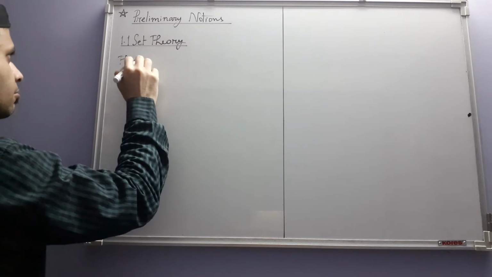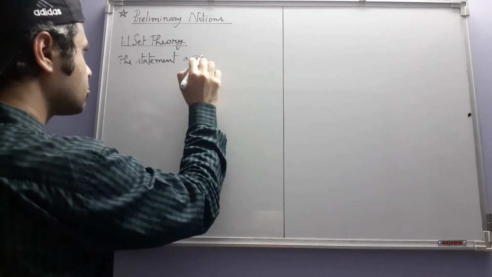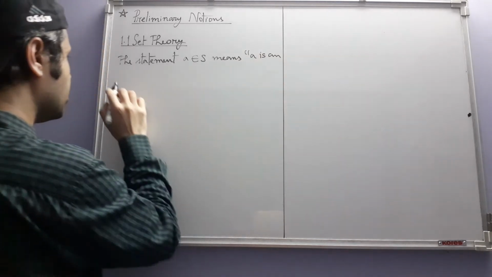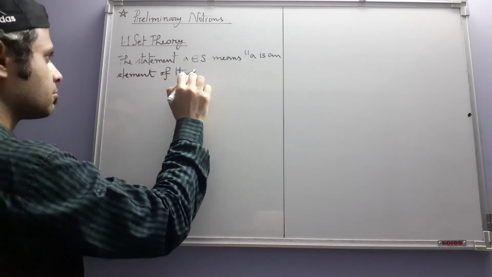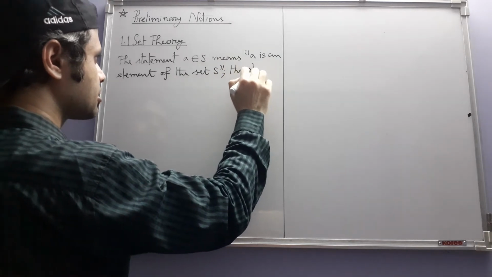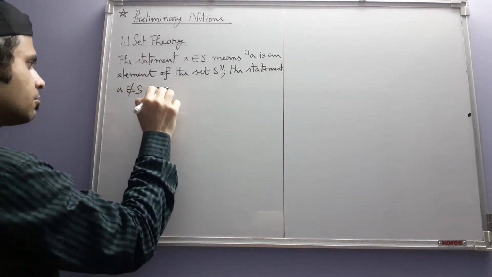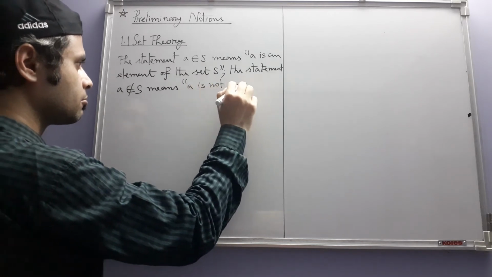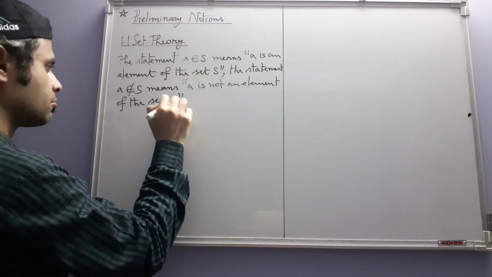The statement a ∈ S means a is an element of the set S. Just like that, this statement a ∉ S means a is not an element of S. Okay.